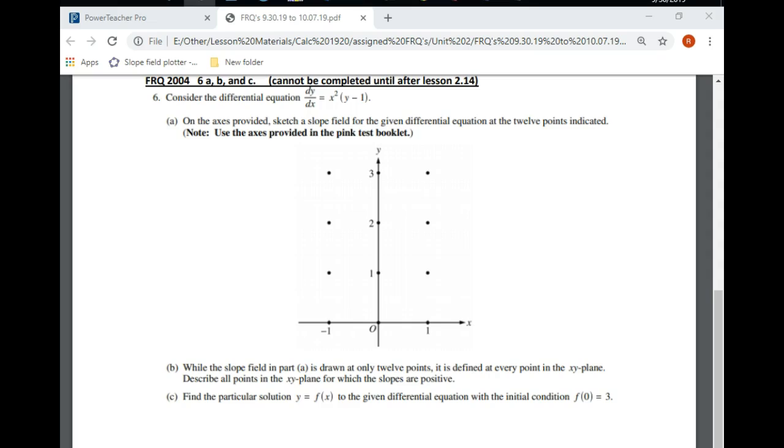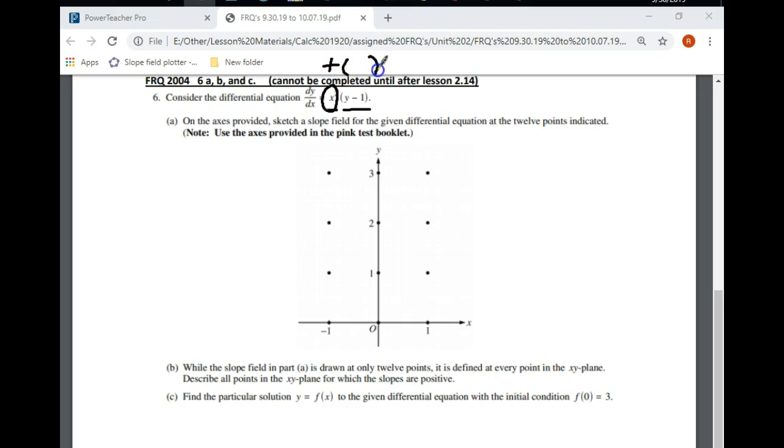I think that part B is a little confusing. Basically it's saying, suppose that we have the slope everywhere in this plane. How would you describe all the points where the slopes are positive? Well, this is the slope, right? dy/dx. And dy/dx is equal to x squared times y minus 1. Now this piece here, that's always positive, right?